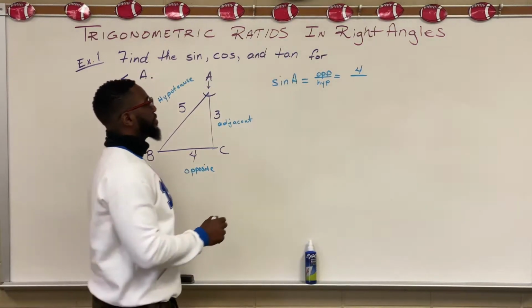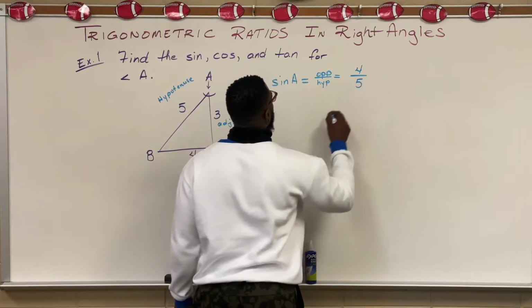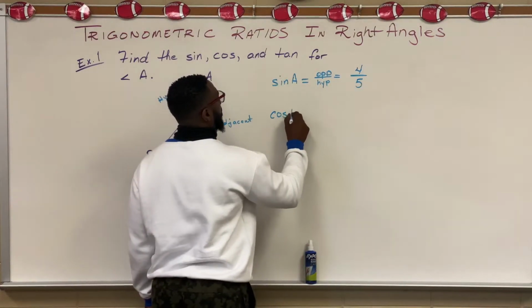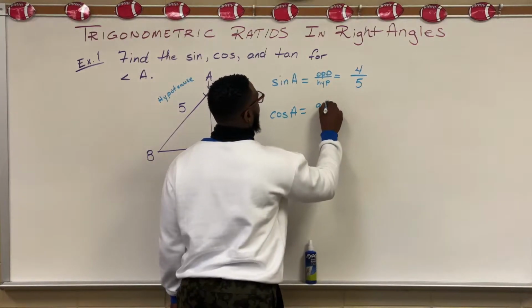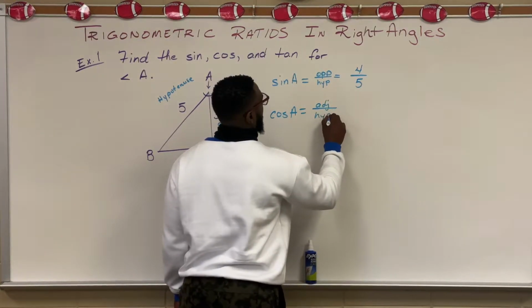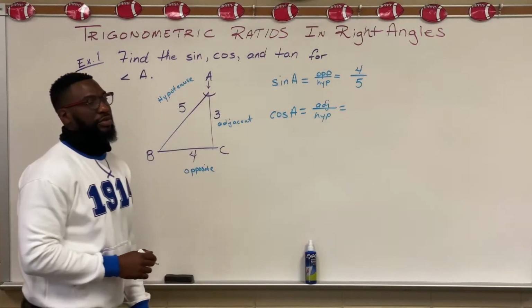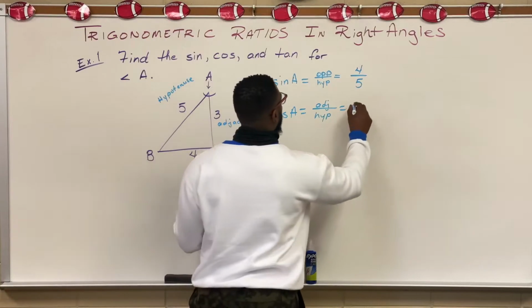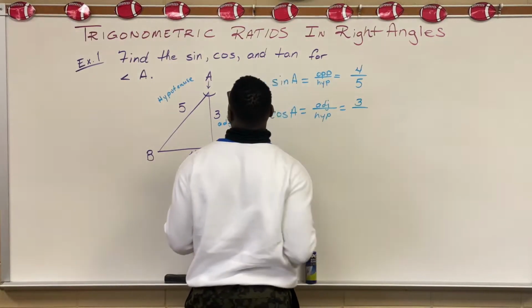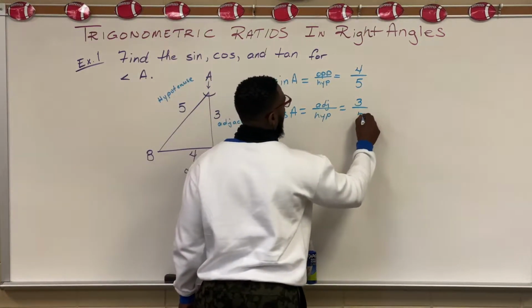Hypotenuse is 5. Cosine of A equals adjacent over hypotenuse. Adjacent is 3. Hypotenuse is 5.